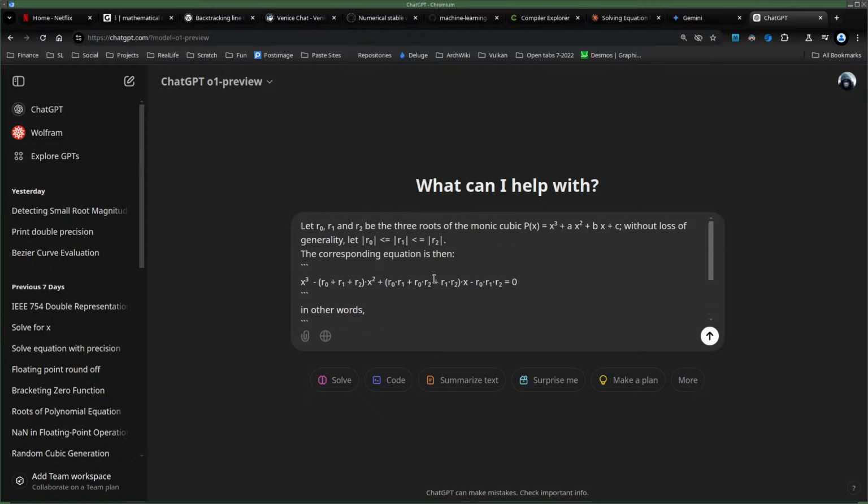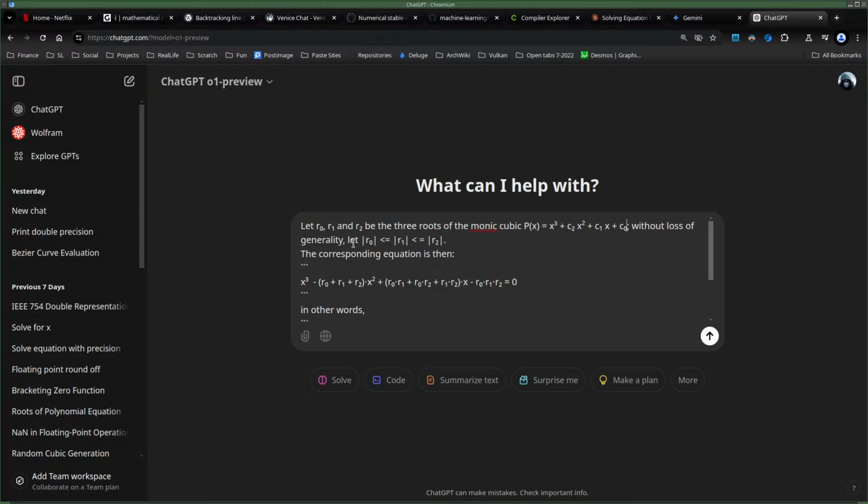Got it. So let R0, R1 and R2 be the three roots of the monic cubic P. But I don't want to talk about this anymore. I want to call this C2. That's way easier. That's just the index of C corresponds to the exponent of the X. So this must be 1. And then that is the 0.